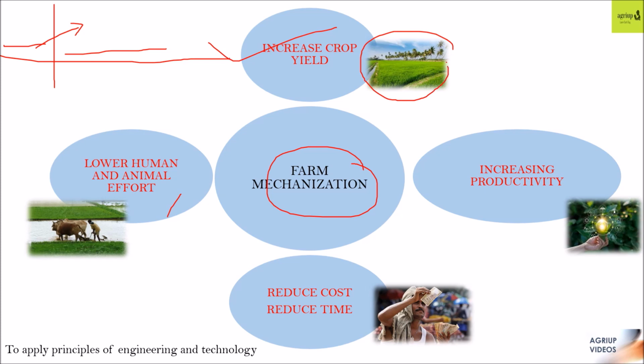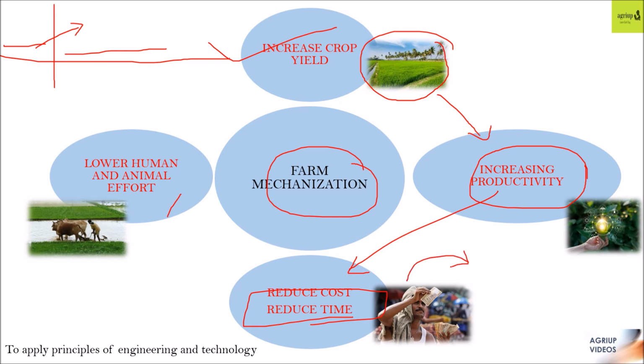Automatically it will reflect in productivity, and productivity will also increase, which will lead to reducing the cost and the time and improving the product yield, which is the major reward received by the farmer. And this in turn will lead to fewer efforts, both in terms of animal and human, that we talked about in the initial starting. So this is the benefit that it gives.